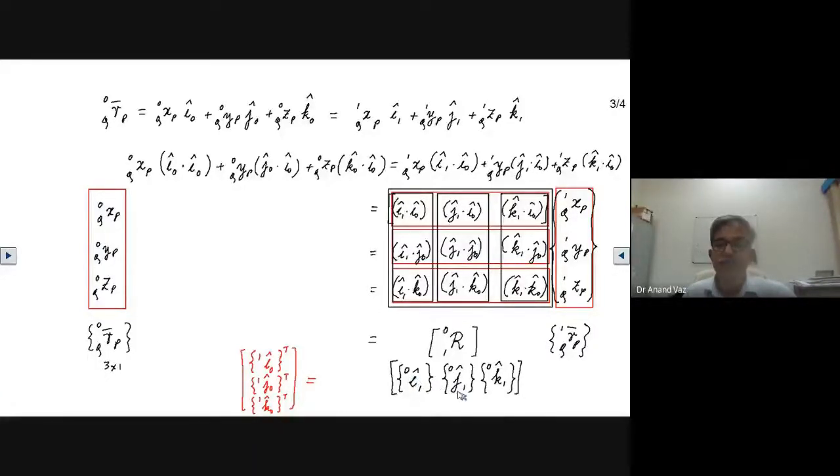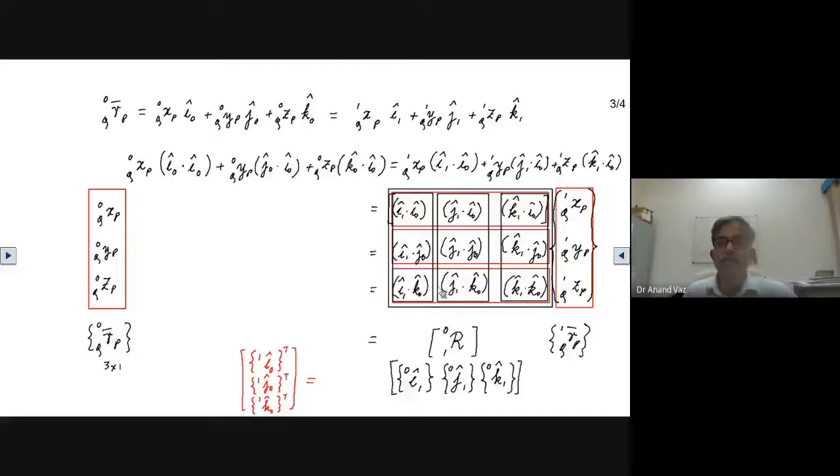The second column is the unit vector J of the frame 1, expressed in terms of the components in frame 0. And same for the unit vector K1. We could understand that because here we are taking I1 and we are taking the dot product with the respective directions.